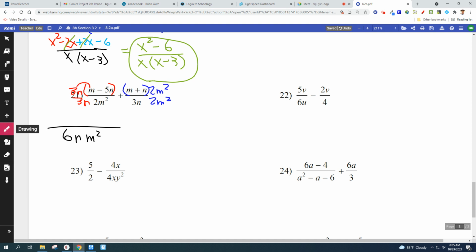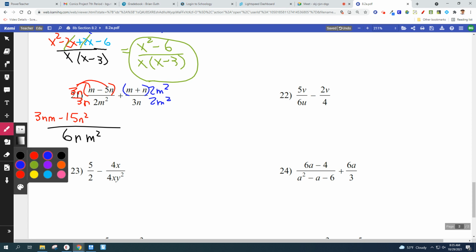We're going to distribute 3nm minus 15n squared. And we're going to distribute. Pay attention to this plus. If it's minus, it's harder. But if it's plus, we can just distribute this plus 2m squared right there.